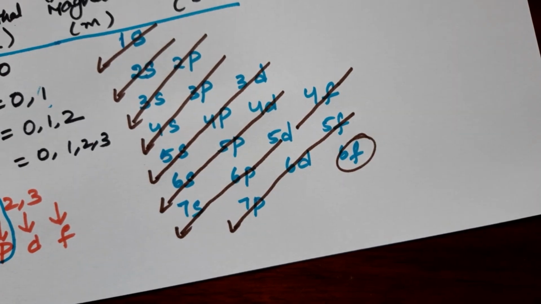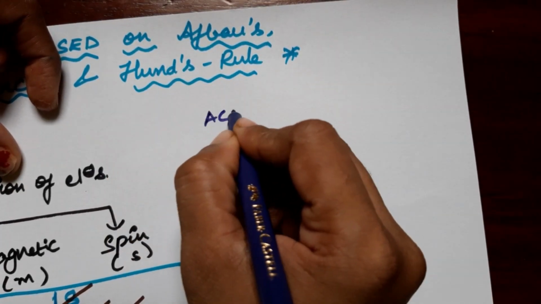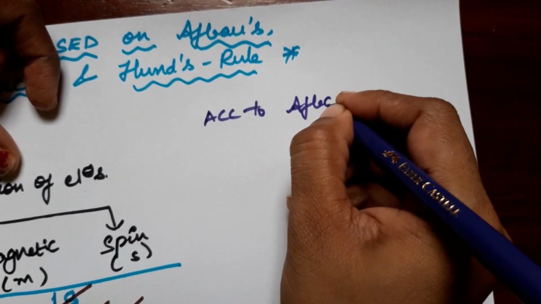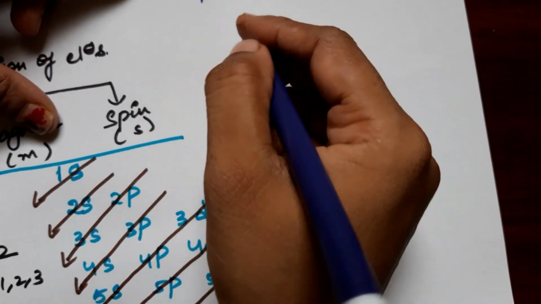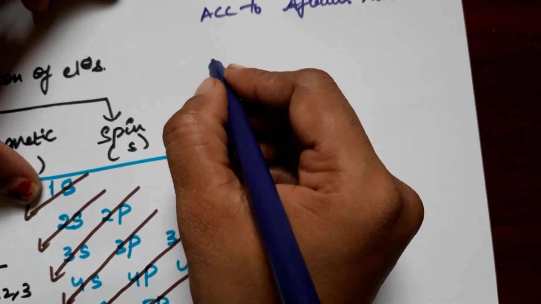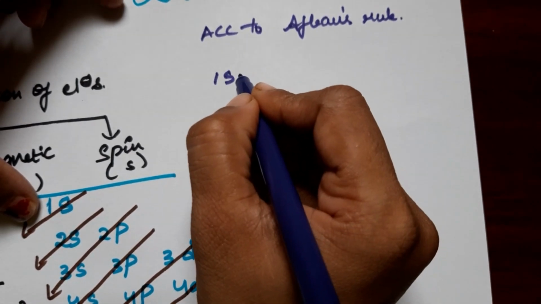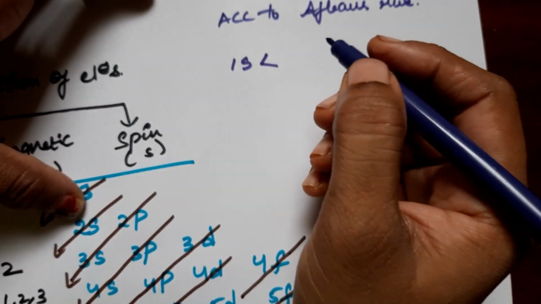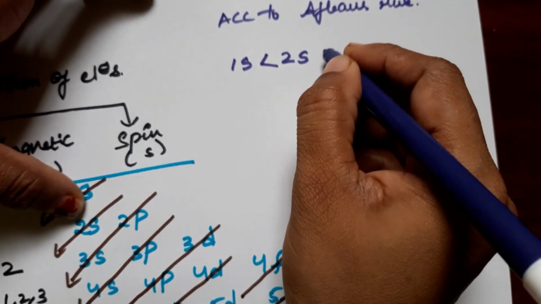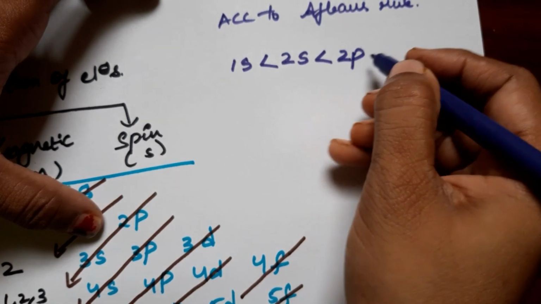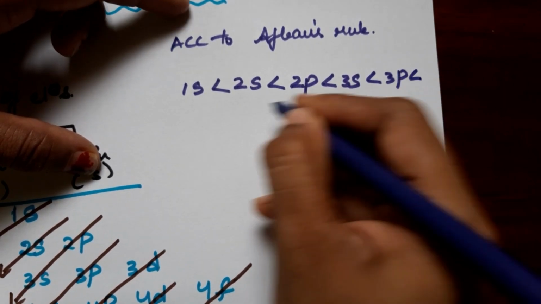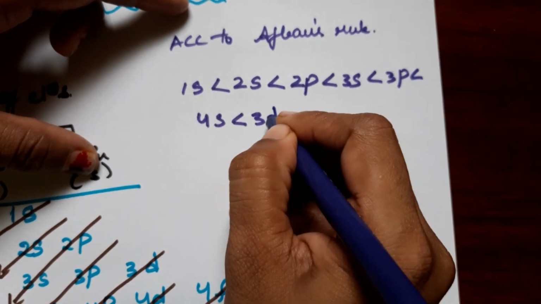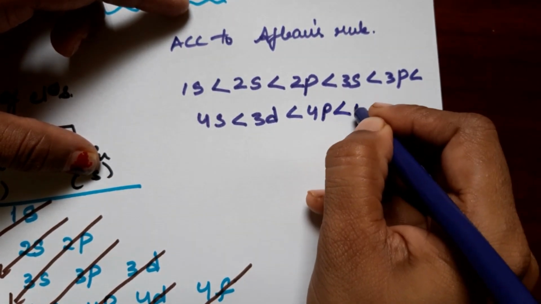According to Aufbau's rule, the order of increasing energy is 1s, then 2s, then 2p, then 3s, then 3p, then 4s, then 3d, then 4p, then 5s.